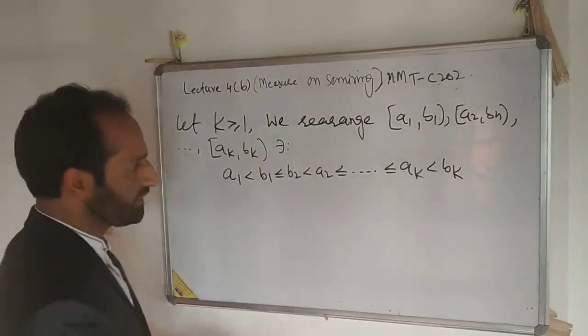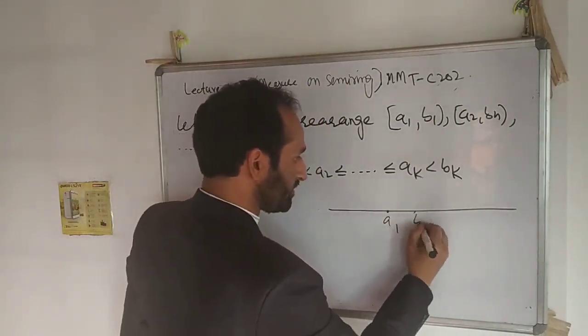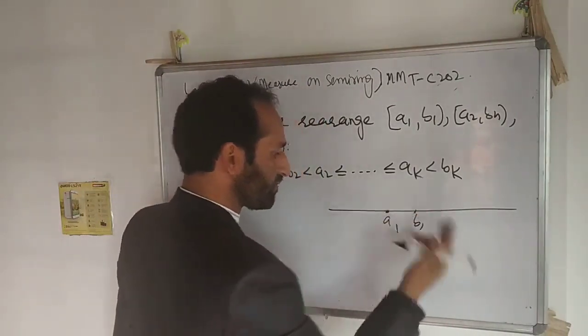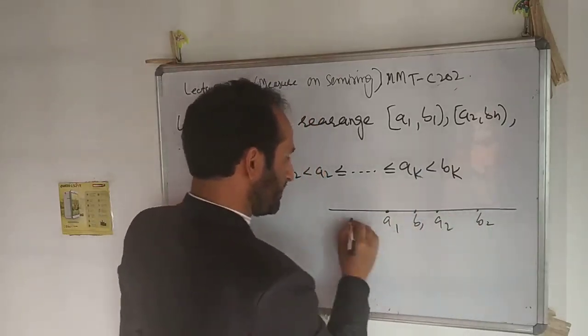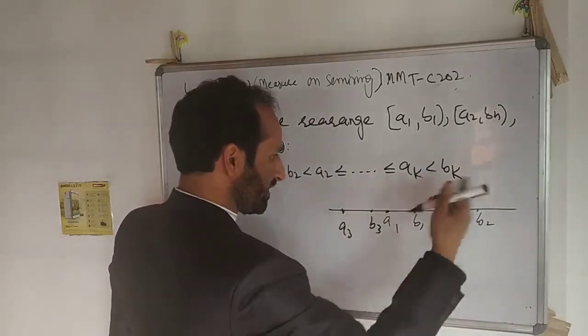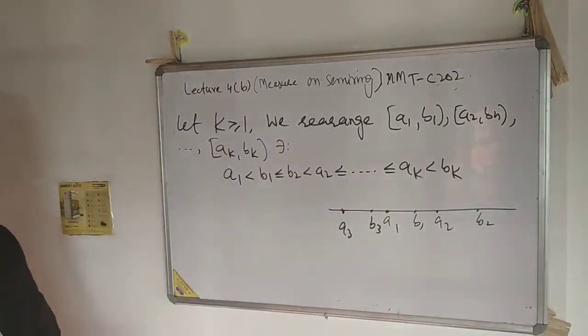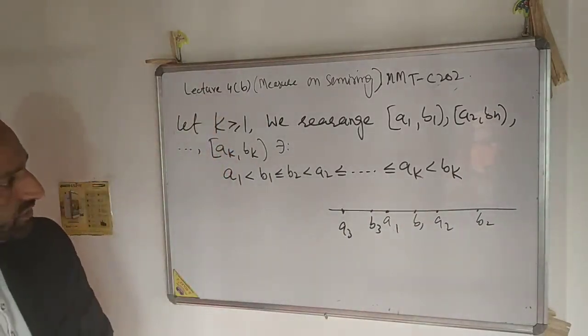Because we have these intervals, a1 b1 is somewhere here, they are disjoint, then a2 b2 is somewhere here, a3 b3 is somewhere here, and at the same time the union of all these intervals is again a semi-closed interval.